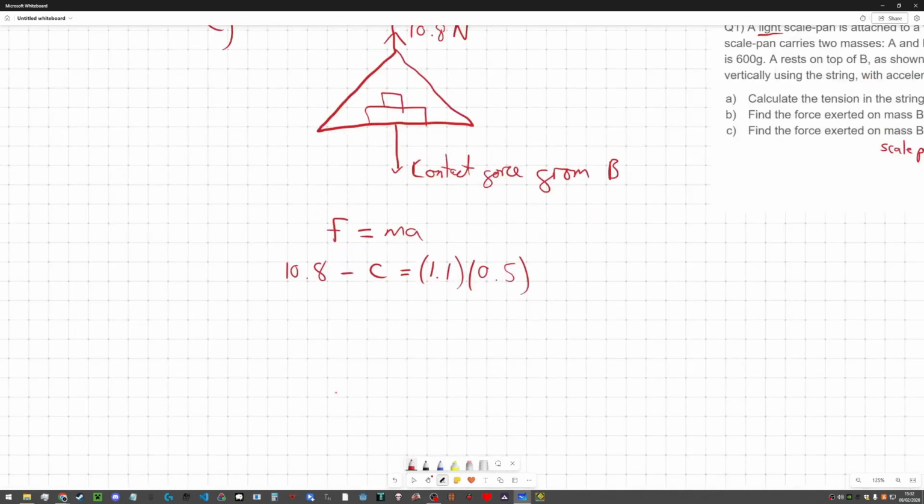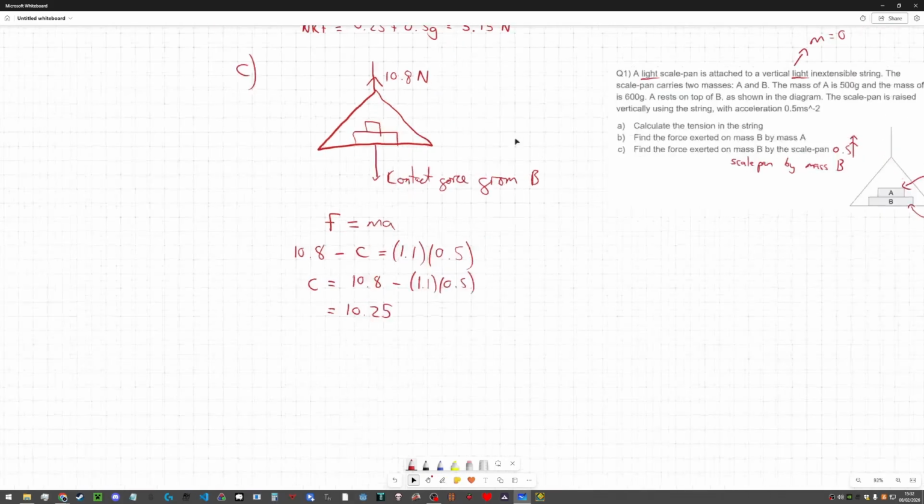From here, we can rearrange to find C equals 1.1 times 0.5 minus, oh, one sec, it was the wrong way around. C is equal to 10.8 minus 1.1 times 0.5, which is equal to 10.25.